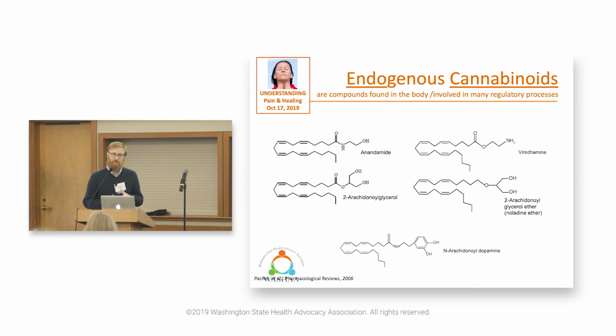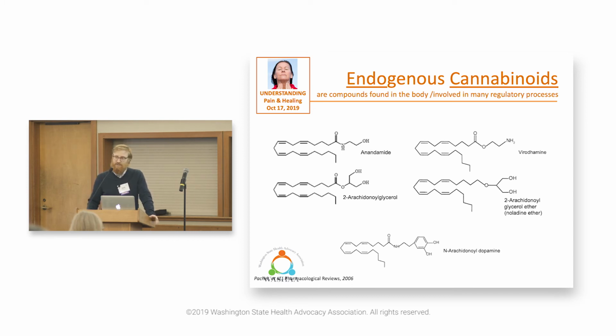So cannabinoids interact with what we call the endocannabinoid system, or endogenous cannabinoid system. The two main endocannabinoids that we know pretty well are anandamide, which comes from the Sanskrit word meaning bliss, and 2-arachidonyl glycerol, which was co-discovered by a researcher here at University of Washington. And I'll talk to you a little bit more about what these do.